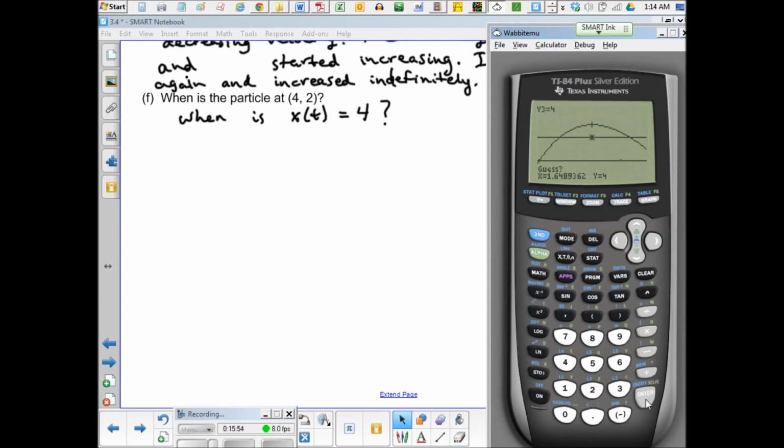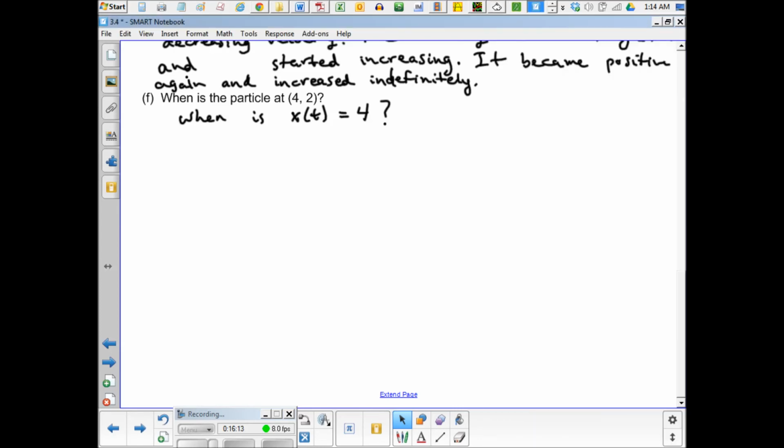Press enter again. To guess, I'd say this intersection, because there are two of them, so I'll help the calculator out. 1.2447, so 1.245. Okay, let's go back and write that down.